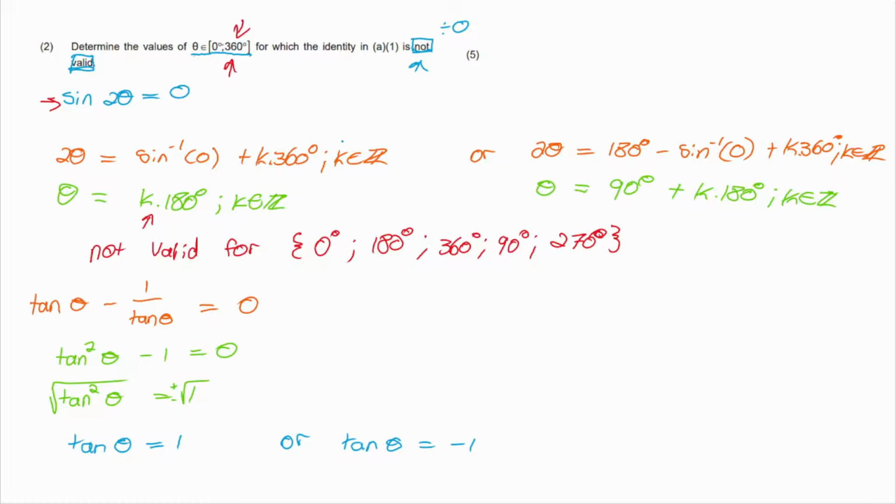Okay, so let's move over to a new slide. So if we look at tan theta is equal to 1, we get theta is equal to tan -1 of 1 plus k180. Remember k180 because we're working with tan now, and k is an element of integers. Okay, so that's for that one.